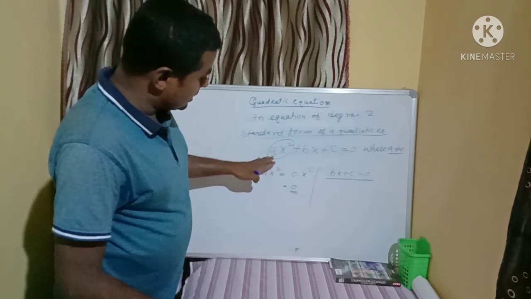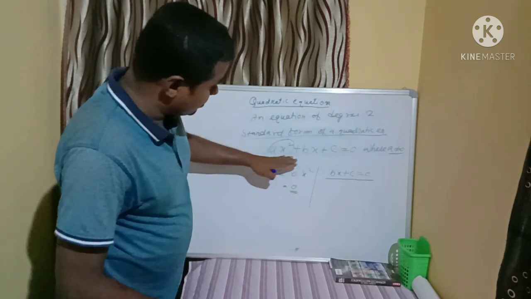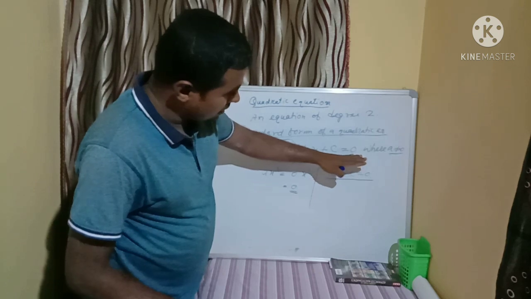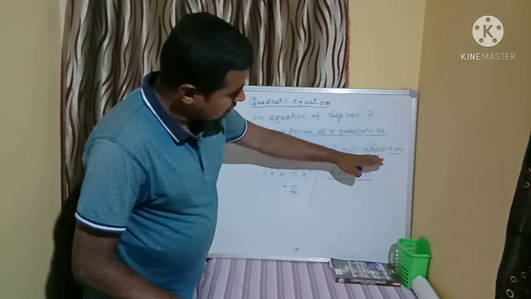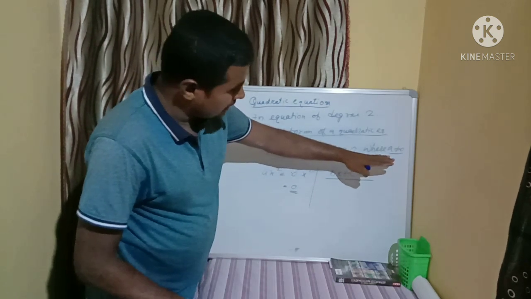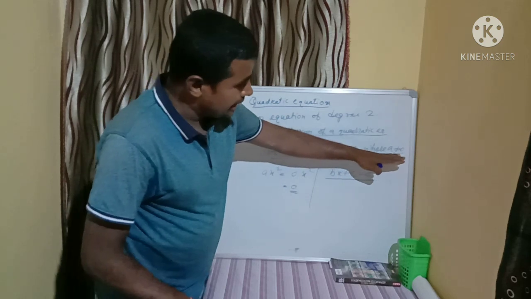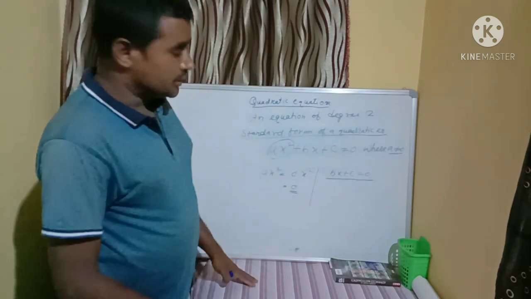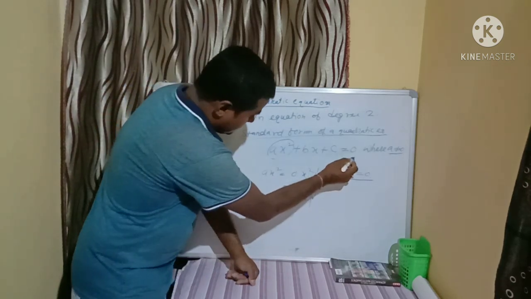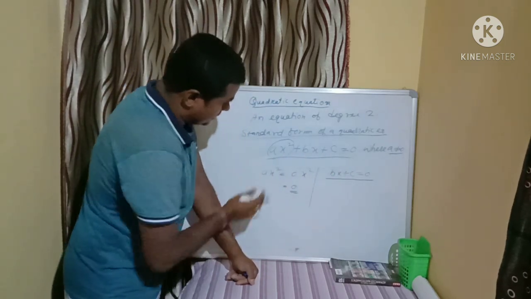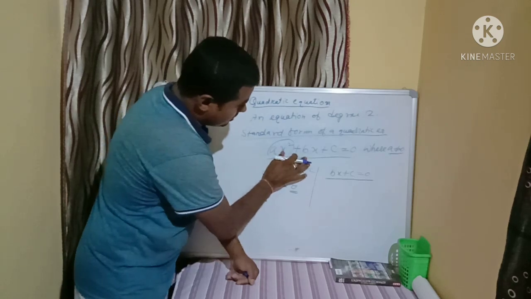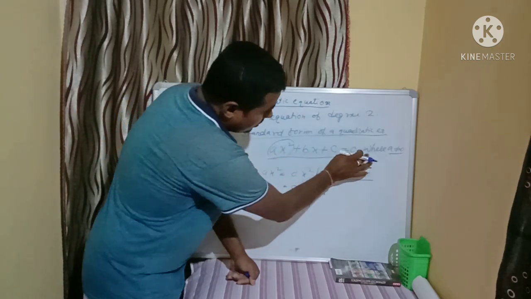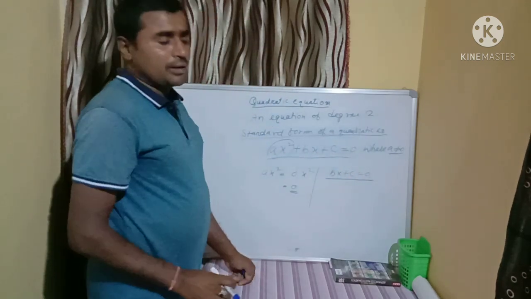Hence, in the standard form ax square plus bx plus c equal to 0, the main condition is a never becomes 0, or a not equal to 0. So remember this is the standard form of a quadratic equation, where a cannot be 0.